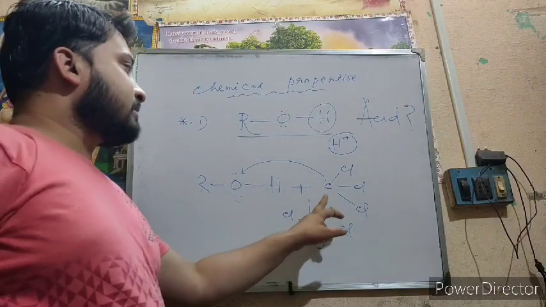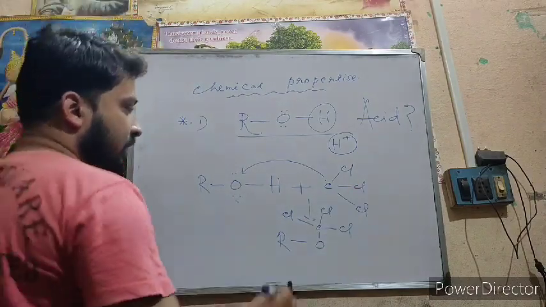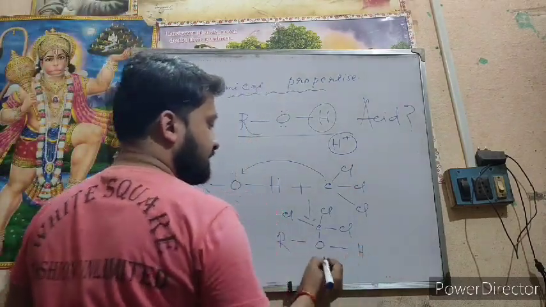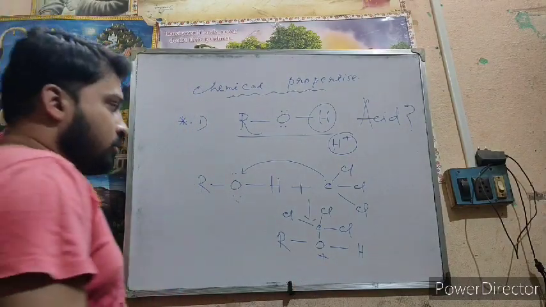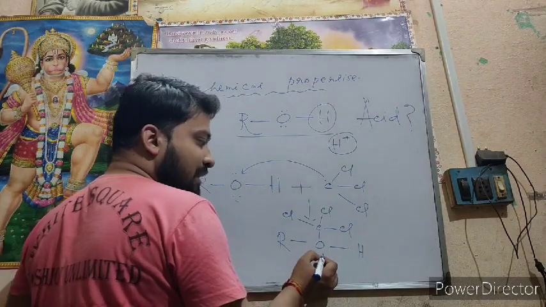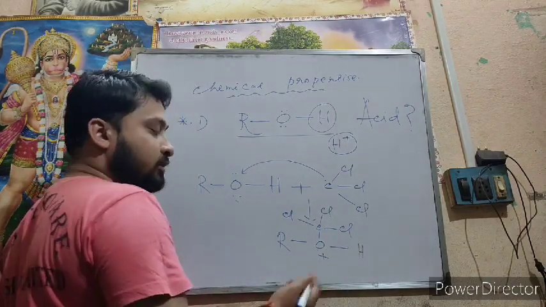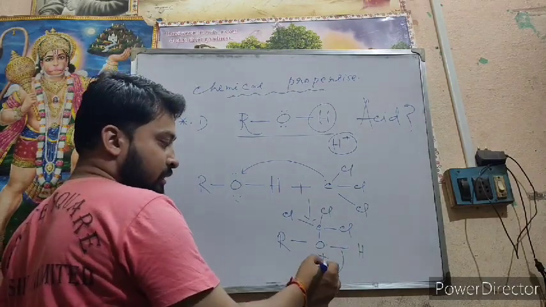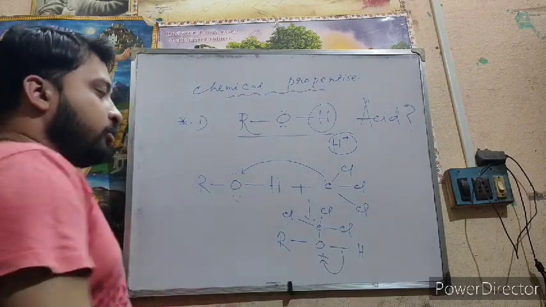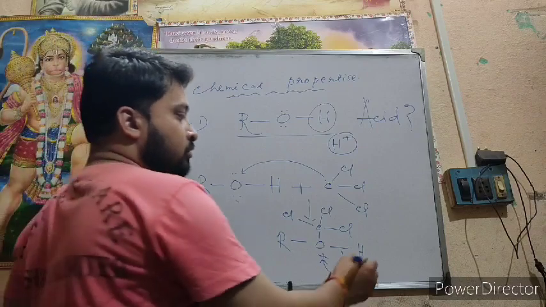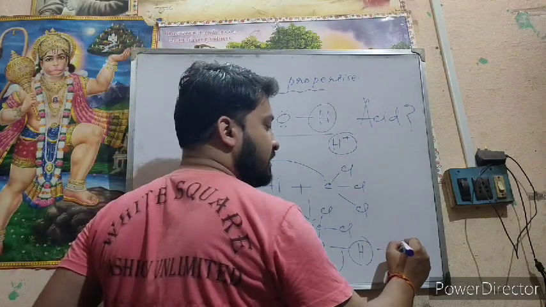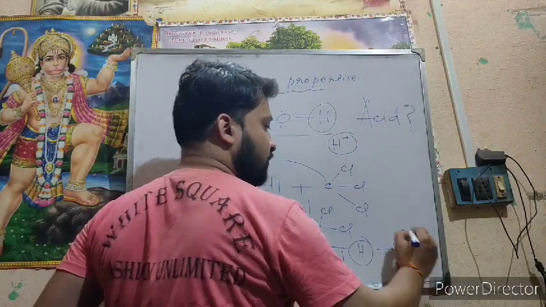Cl, this CCl3, and OH, as it has given a lone pair, shows a positive charge. To neutralize this positive charge an electron is required, so the electron is pulled by oxygen. So H plus is removed from this equation.